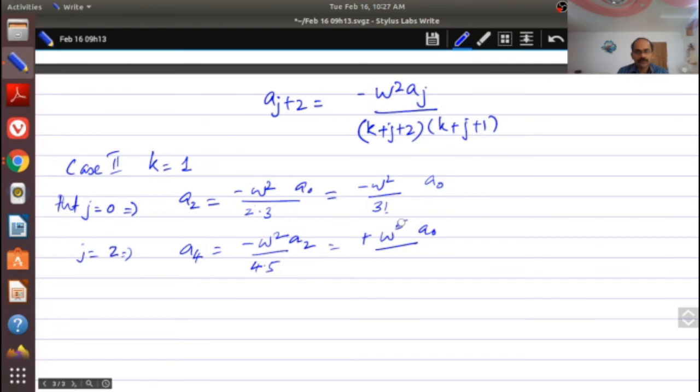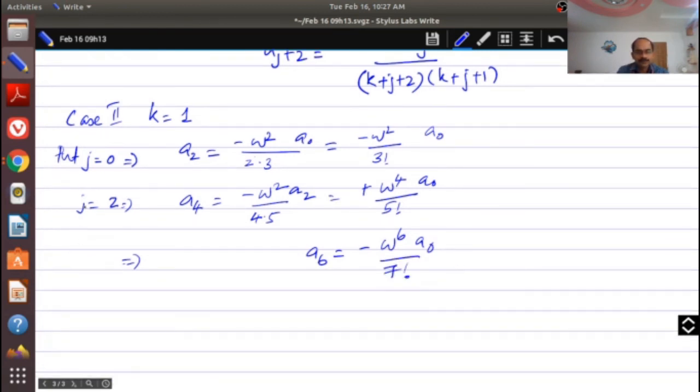No, sorry, there is no minus; this is 4 itself. 4 by 5 factorial. And similarly going by a5, a6. A6 is equal to minus omega raised to 6 a0 divided by 7 factorial.